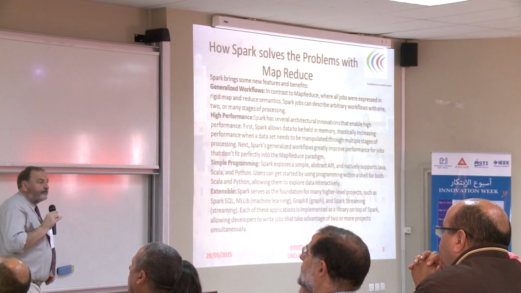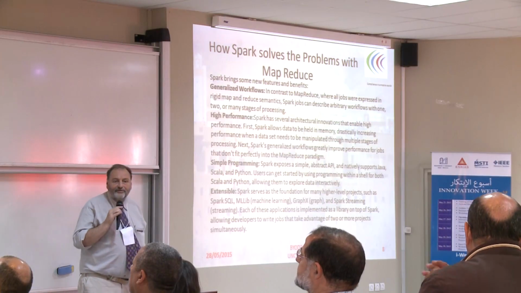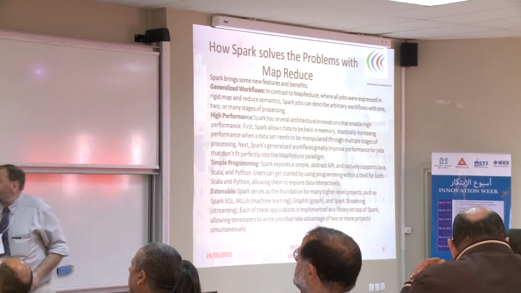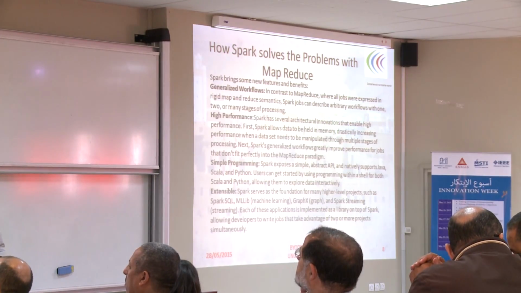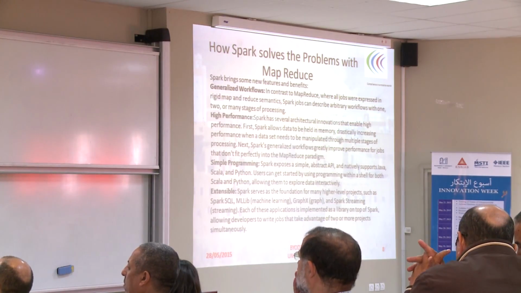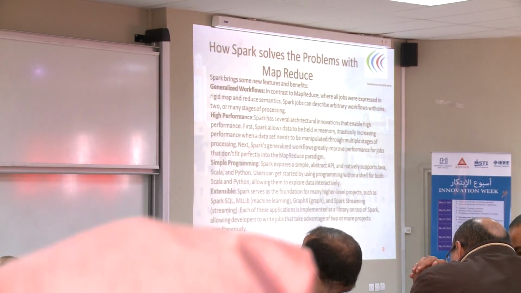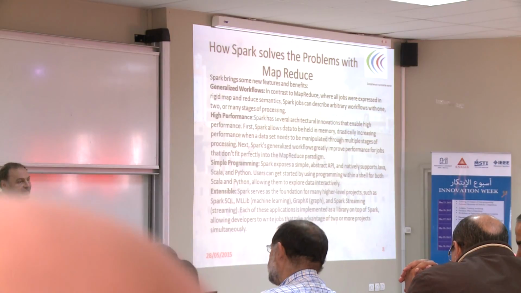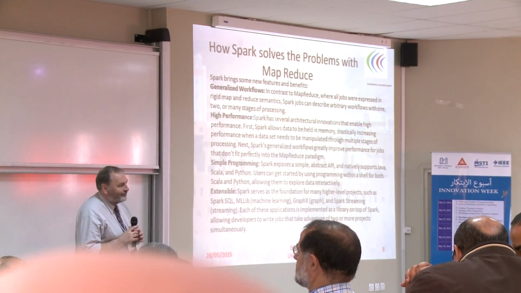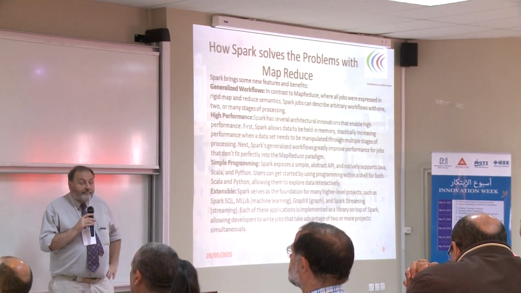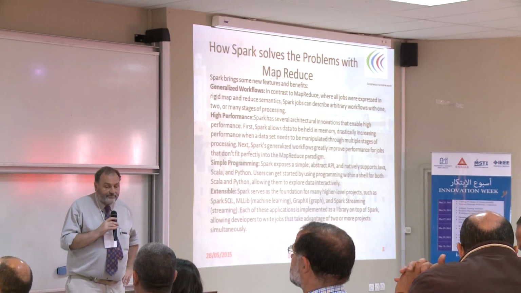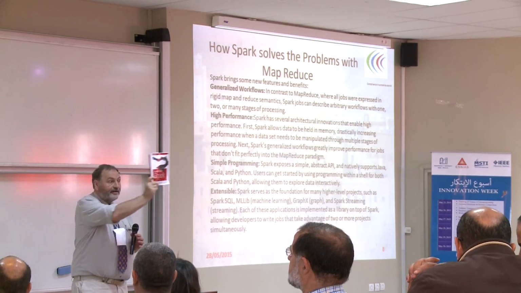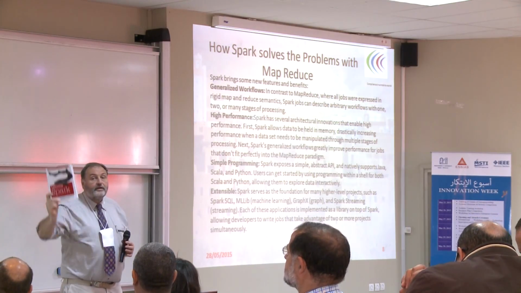Now, there are lots and lots of problems with this 10-year-old design. I've already mentioned working with data on disk and intermediate results that you have to write very slowly out to a mechanical disk, and then read back in again and start processing all over again. What Spark does, which is the new version of MapReduce, which you can find out about in this book here.